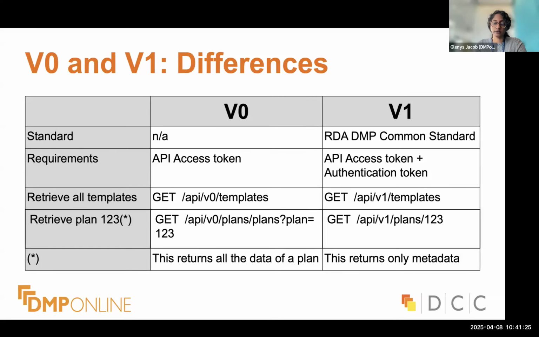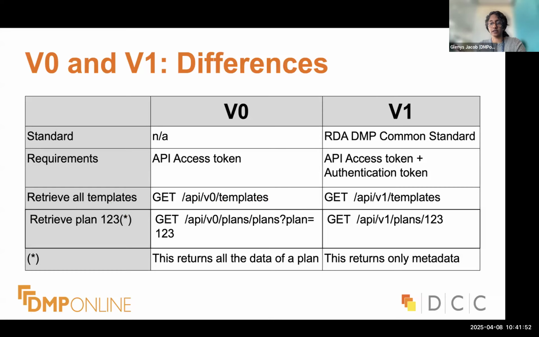For version 1, you will need one more extra requirement, which we refer to as the authentication token. Again, I will explain what this is and how you can generate one in the following slides. Examples of endpoints: over here we have two, one of which is retrieve all templates. You can see in the version 0 column what the endpoint looks like.